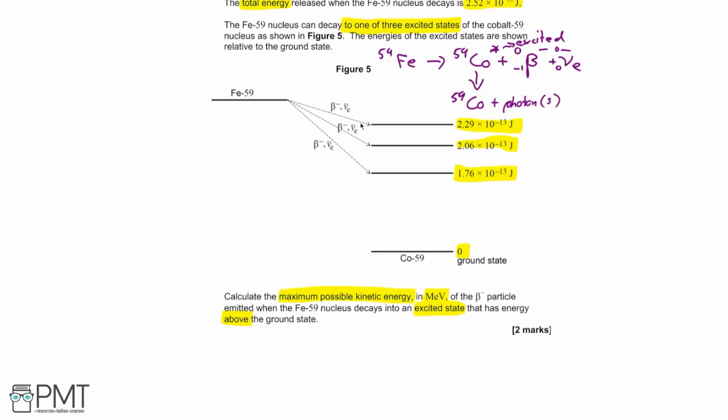So the reason that the question says maximum possible kinetic energy is because whenever the iron nucleus decays, we could have that some of the energy goes to the beta minus particle and some goes to the electron antineutrino.